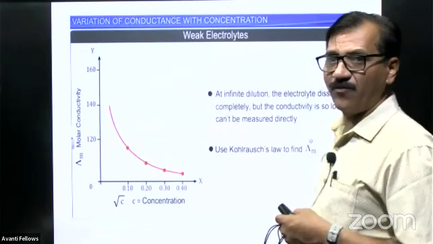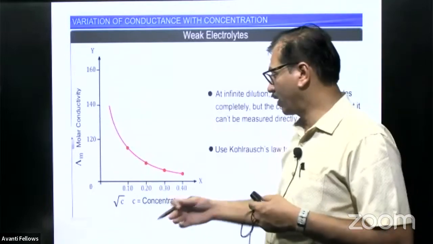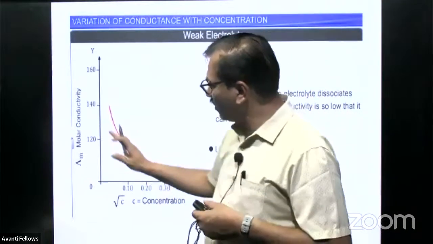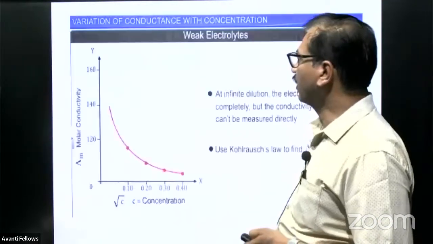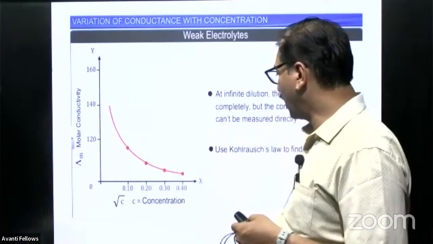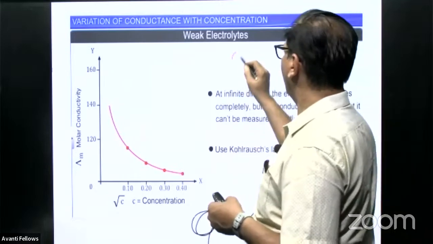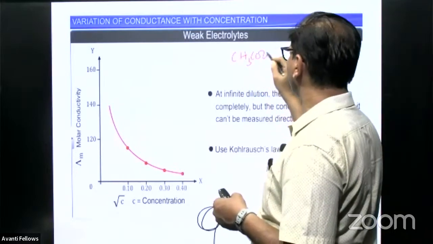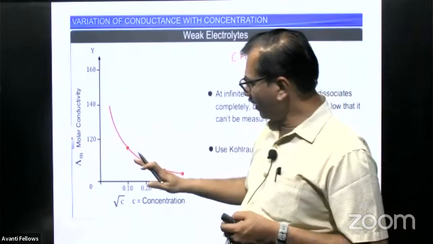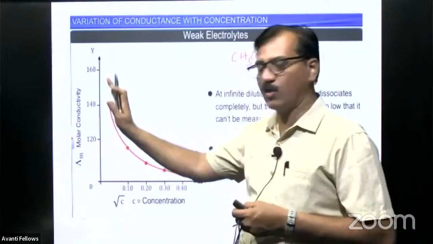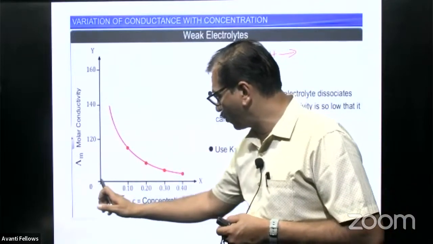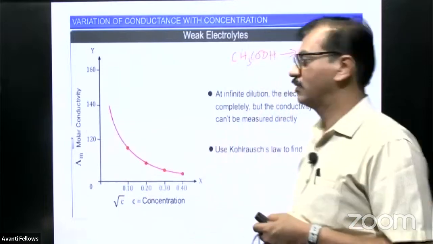Now, suppose it is a weak electrolyte. More surprisingly, for a weak electrolyte, if you go on diluting it, it increases very fast. For the example of acetic acid, the molar conductivity increases when you are going on diluting it. 0.3 to 0.1, it increased. 0.1 to 0, it increased steeply.